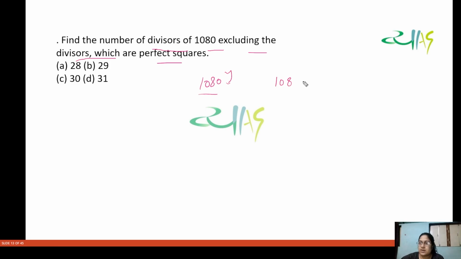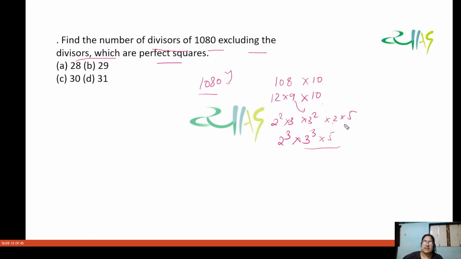This can be written as 108 into 10, and this can be written as 12 into 9 into 10. This is 2 square into 3, this is 3 square, and this is 2 into 5. So it's very easy to find the standard notation for us because we are good people. Okay, so this becomes 2 cube, and this becomes 3 cube, and this becomes 5.